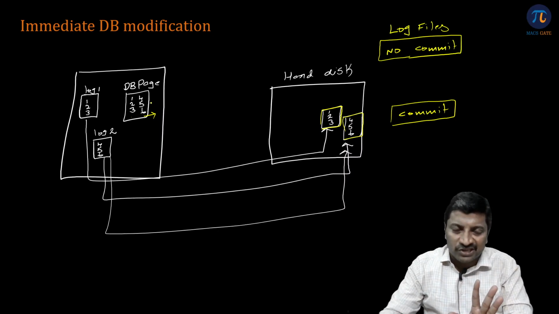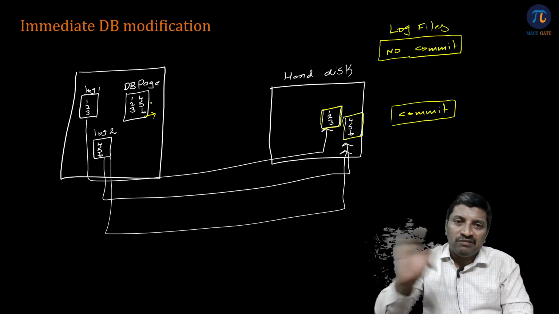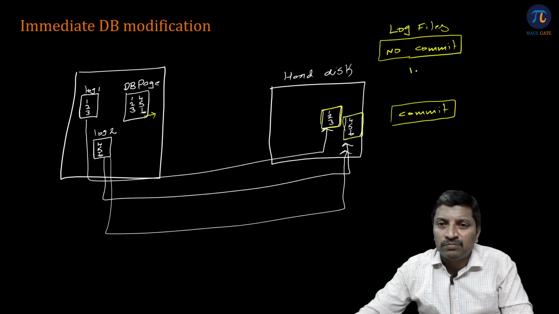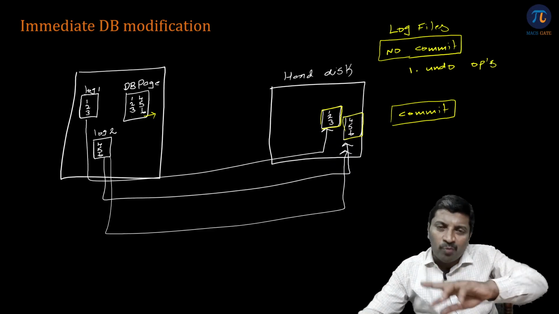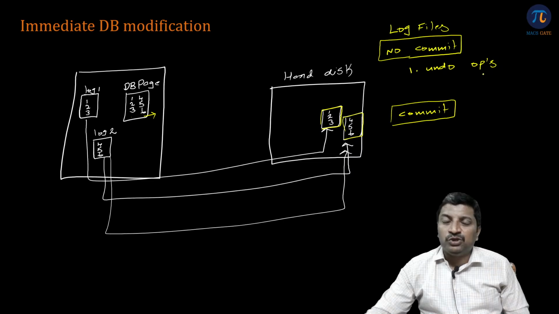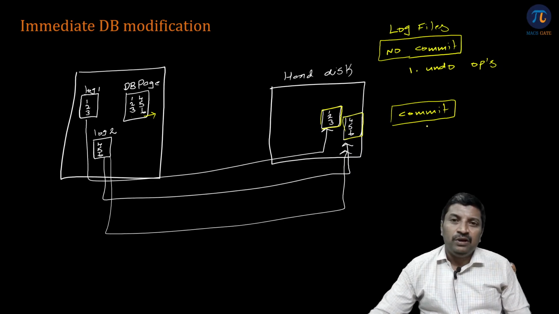Suddenly I felt it crashed. Then what should I do, sir? First I need to rub out all the 6 lines. So that means I need to undo the operations because I need to go back to the initial stage. That is the main story. So first I need to undo the operations. Hope you understood. Then again I need to start from the beginning.